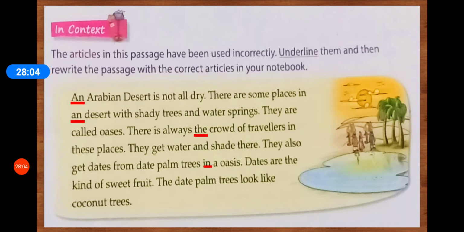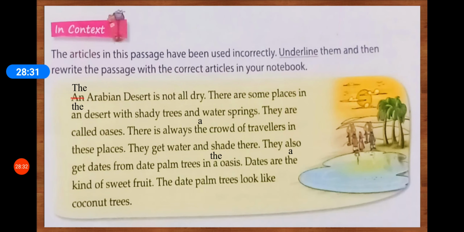They get water and shade there. They also get dates from the date palm trees in the oasis. We have already talked about the oasis. So, in the oasis, dates are the kind of sweet fruit. No, it sounds incorrect. A kind of sweet fruit. So, the date palm trees look like coconut trees.